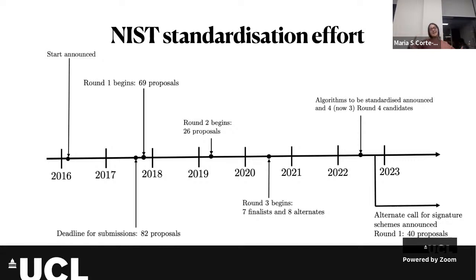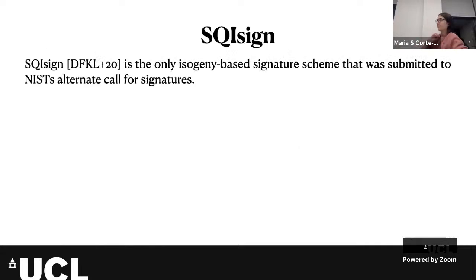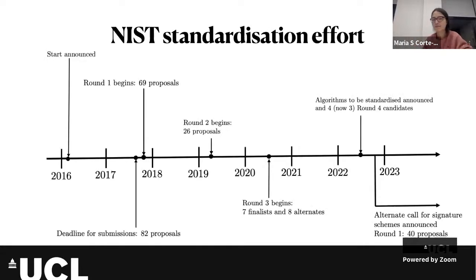So SQIsign is currently in consideration, and it's the only isogeny-based signature scheme that is being considered. So one quick question before we go further. You said between 22 and 23, there were 4 algorithms that were round 4 candidates, and 3 of those were standardized?